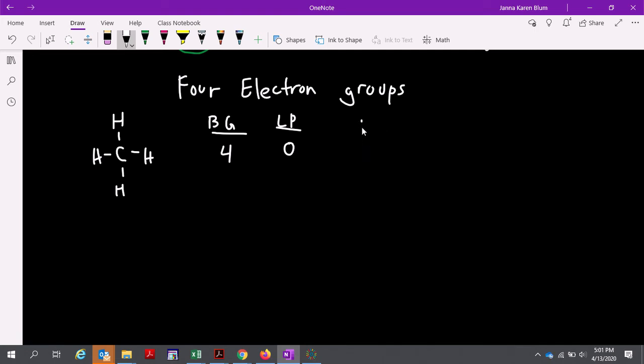And my very simplest tetrahedral, again, that little spaceship model of a tetrahedron, and it's got 109-degree angle. And we'll write it out as tetrahedral, which is the same as the electronic geometry. We'll look at the next Lewis structure next.